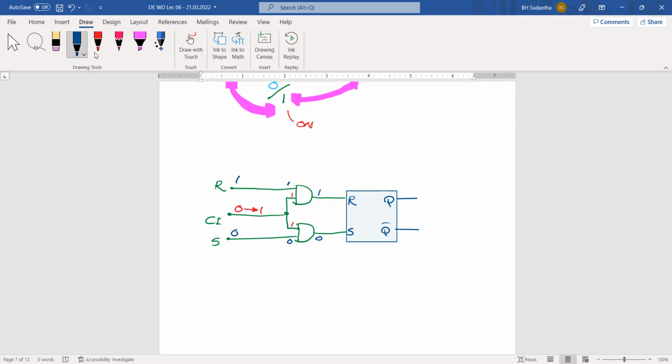That's what we need. We want to give 1 to R, then R has received 1. We want to give 0 to S, then S received 0. That is how R and S have received these values.